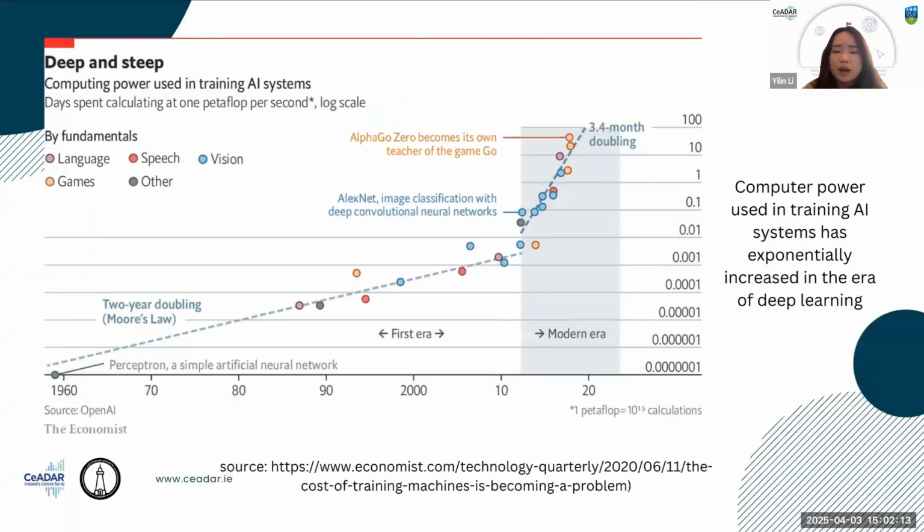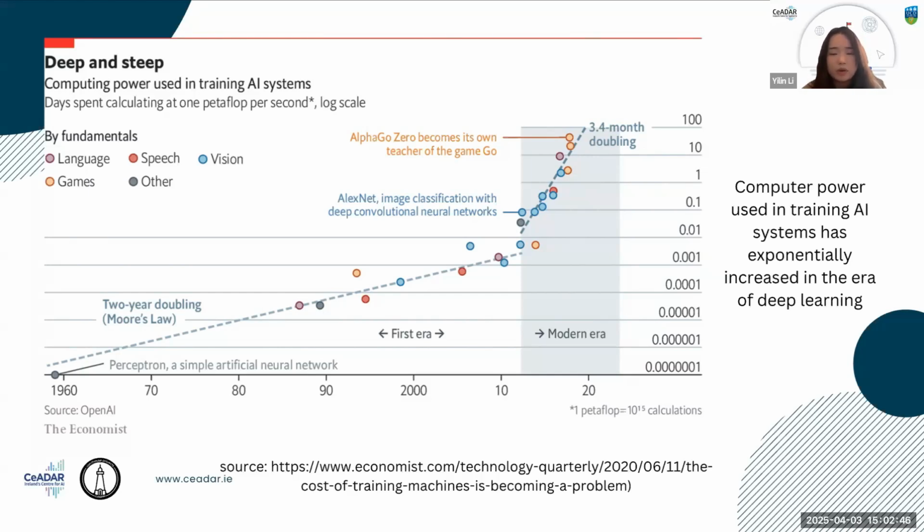Let's start by looking at how computing power in AI has evolved. This chart shows something very important: the amount of computing power used to train AI systems has grown quickly, especially in recent years. The y-axis shows the days of computation at one petaflop per second.